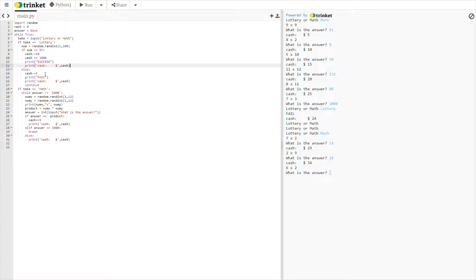But if it fails, you just lose 1 cash. And that seems to be a little bug here. These need to be the same. And then it prints fail and then it prints your cash, which is what happened here.